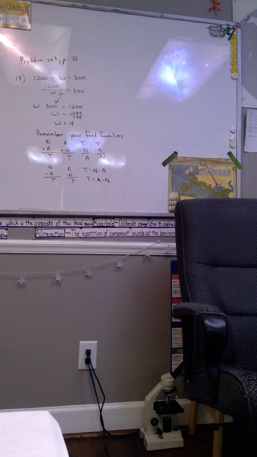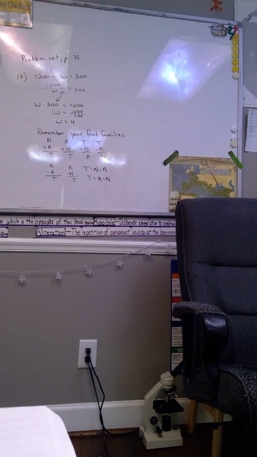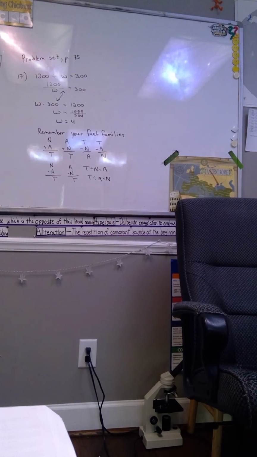Is 18 the same as 17? Well, sort of, yes. But since you've got 63 multiplied by W equals 63, W will equal 63 divided by 63.